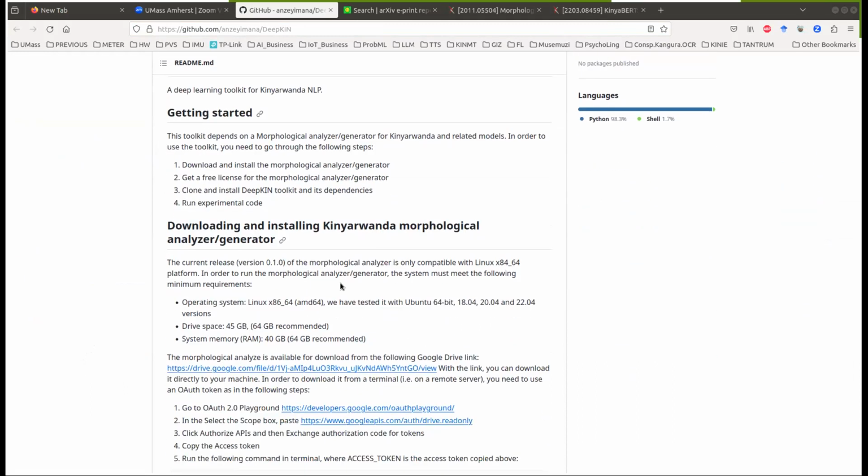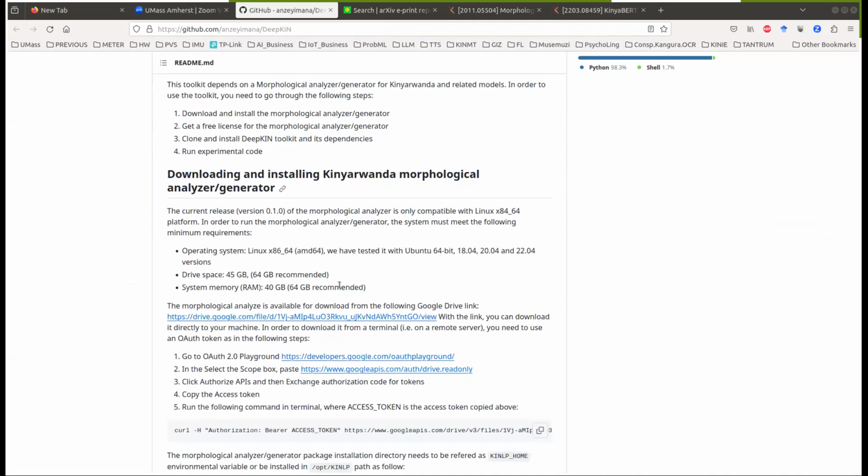So it has high system requirements. Currently it's only possible to run it on Linux. And because of the data sets that we use that are very huge, especially probabilistic tables and word embeddings for such a complex morphology, it has a high system memory requirement.